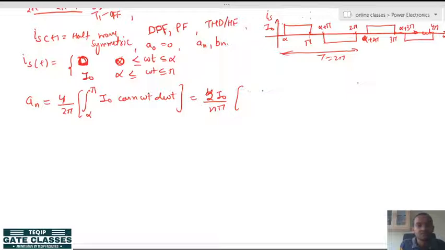It is again, we just write it directly: upon n pi, sin n pi minus sin n alpha.